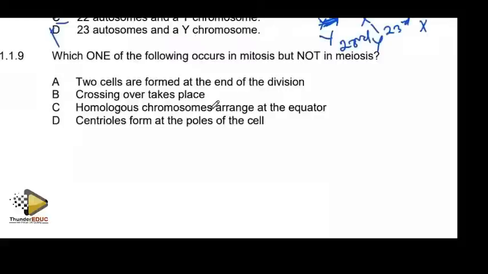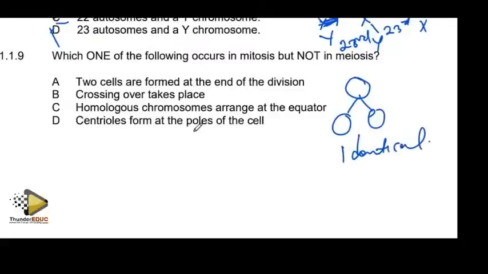Then the next question is saying which one of the following occurs in mitosis, but not in meiosis? When you talk about mitosis, you have one cell. One cell will divide to form two cells, but these two cells are identical.